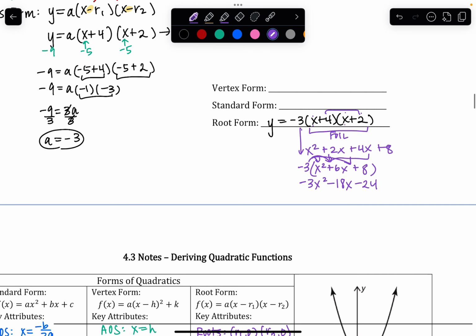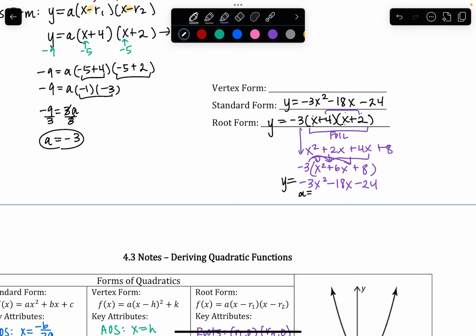Okay, and so this is my standard form. Okay, and so I can see A is -3, B is -18, and C is -24.